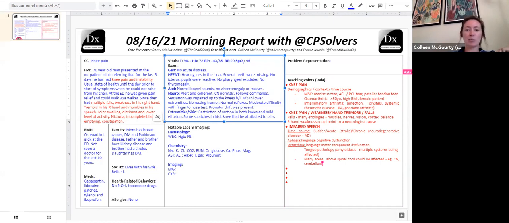So at this point, we really do have to zoom out and think very broadly about the nervous system. The fact that this guy's knee is a little bit red and has a small effusion could be consistent with osteoarthritis. But at this point, I'm going to put that aside and really, like Franco said, zoom out and think about neurologic processes as a separate pathology.